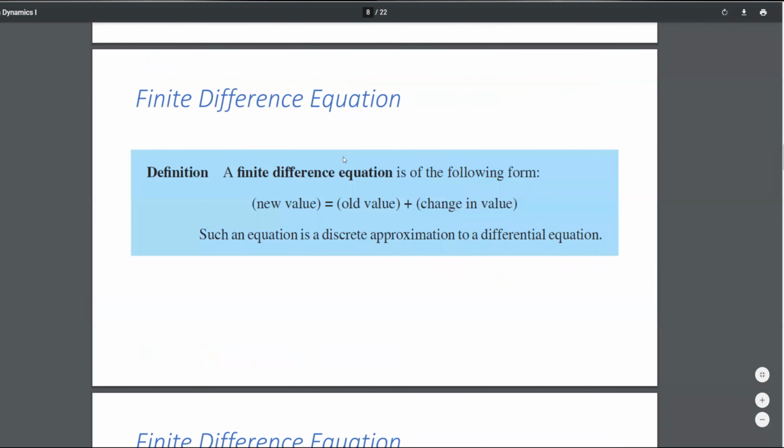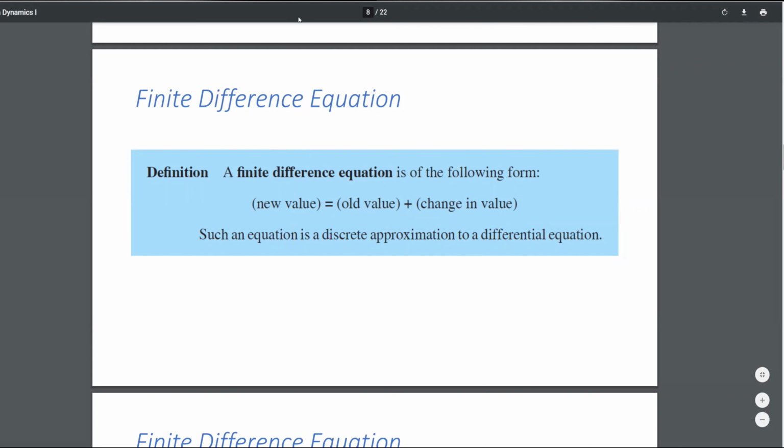So this is the finite difference equation. The difference means the old value plus the change gives you the new value, or I can say new value minus old value equals the change value. The finite difference equation is simply saying the new value is equal to the old value plus the change in value.